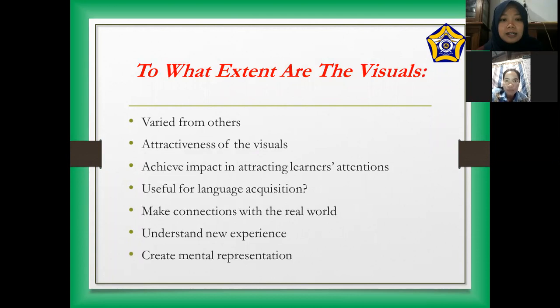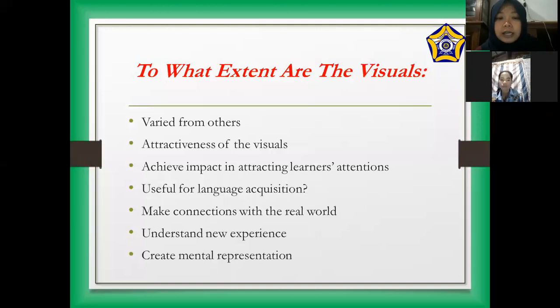There are some extents of the visual, such as variety, attractiveness of the visual, achieving the impact in attracting learners' attention, being useful for language acquisition, making connections with the real world, understanding the new experience, and also creating mental representation.